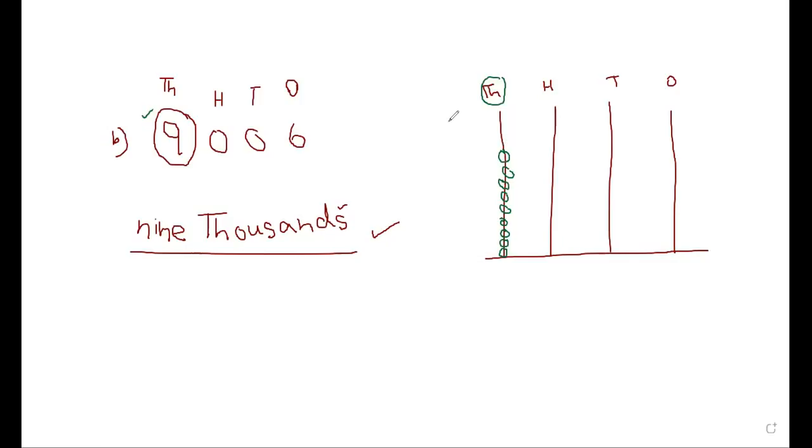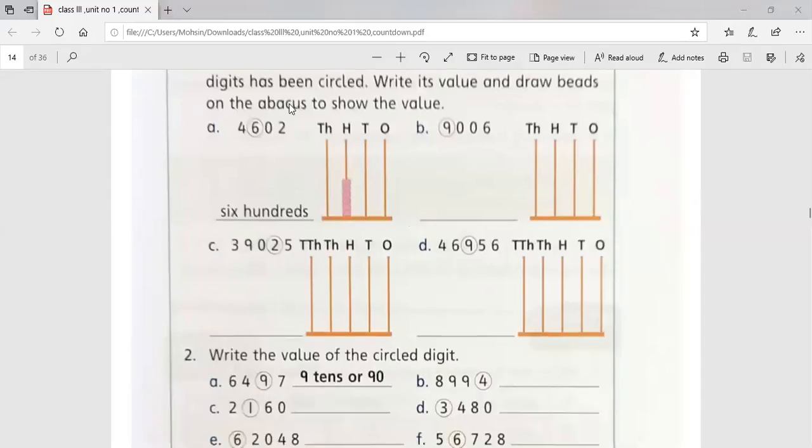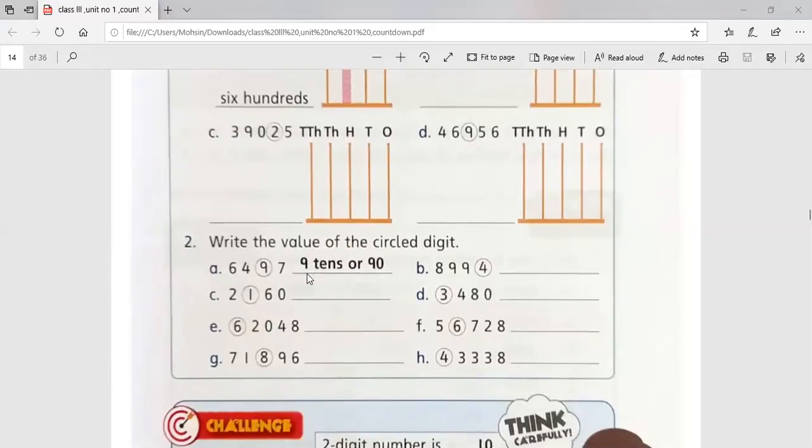This is how you can do all the parts of question number 1. Fine. Now come back to the book again. You can do these 4 parts like this. Now turn to question number 2. In question number 2, you can see: write the value of the circled digit.